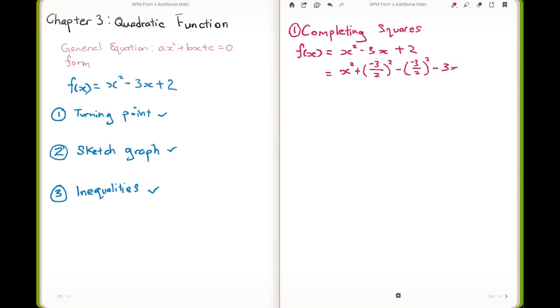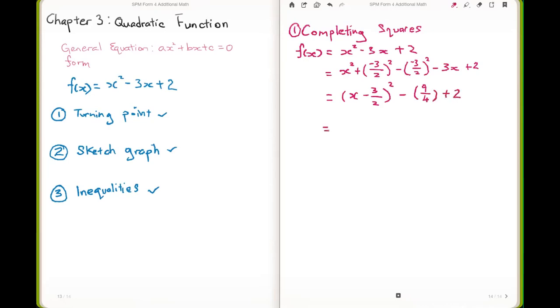That's why you have an equal sign to the previous line. The rest remain. Then from what we have learned earlier, this will be x, we copy this down to here, minus 3 over 2 squared. This 2ab will account for this already. Then we subtract 9 over 4 plus 2.